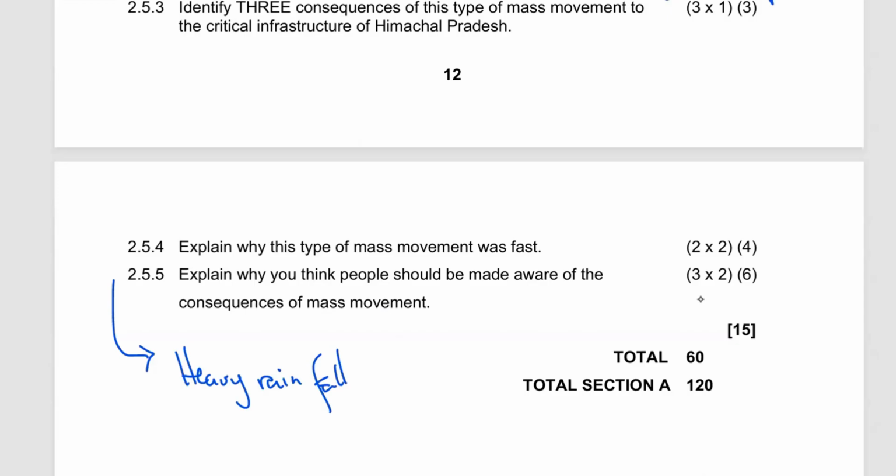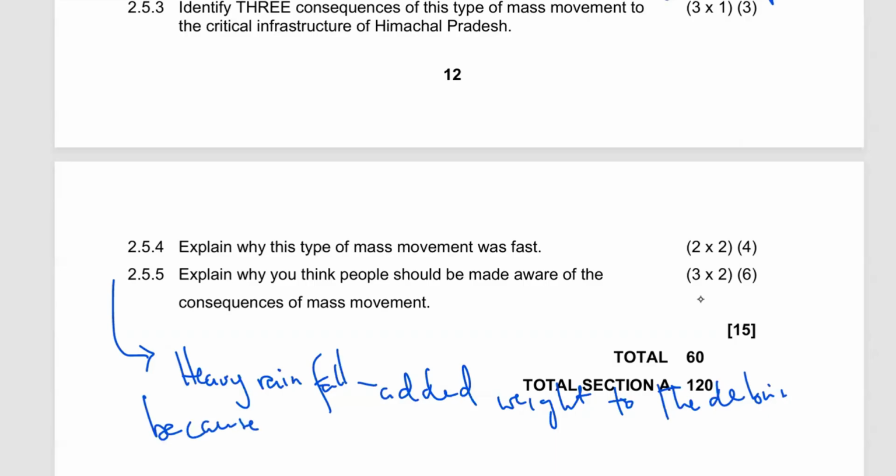Right. What is the impact of the heavy rainfall? How did it facilitate the movement? It added weight to the moisture.